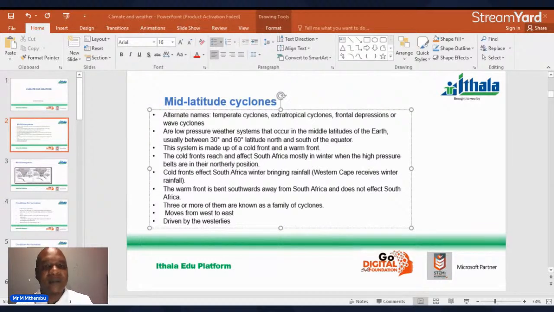Okay, let's look at the first point, grade 12. Looking at the positive, remember the mid-latitude cyclone brings rainfall, which will increase agricultural production, which will lead to more employment in the area. Remember to qualify all these points, because if you do not qualify them, I don't know whether part marks will apply or not.